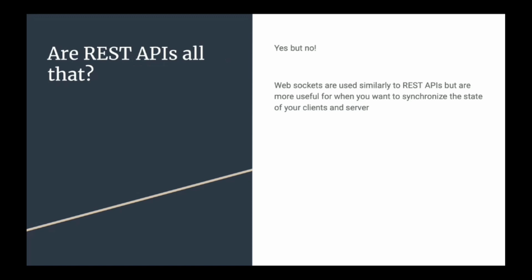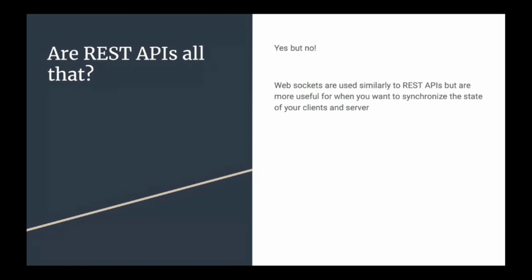But the way REST APIs are designed is that only clients can make a request to the server. In REST APIs, the server will never randomly send some information to the client.